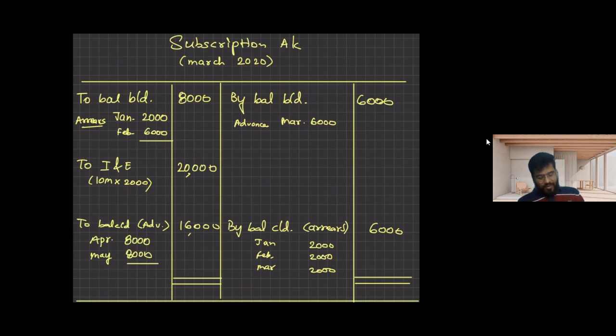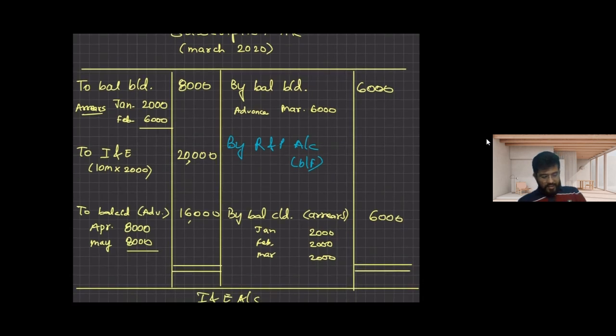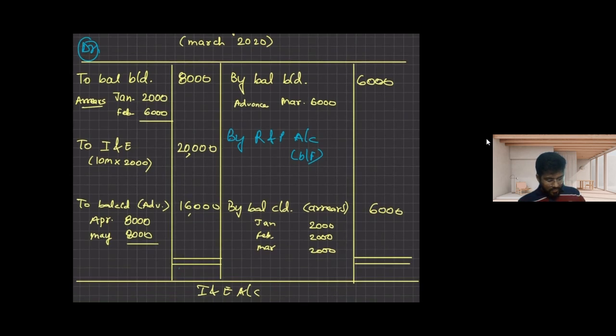Now, whatever is the balancing figure, you have to write it as by receipt and payment account. That is your balancing figure. Okay, so let's do the total. So on your debit side, the subscription account, it is 8,000 plus 20, 28 plus 16. That would be 44, I guess.